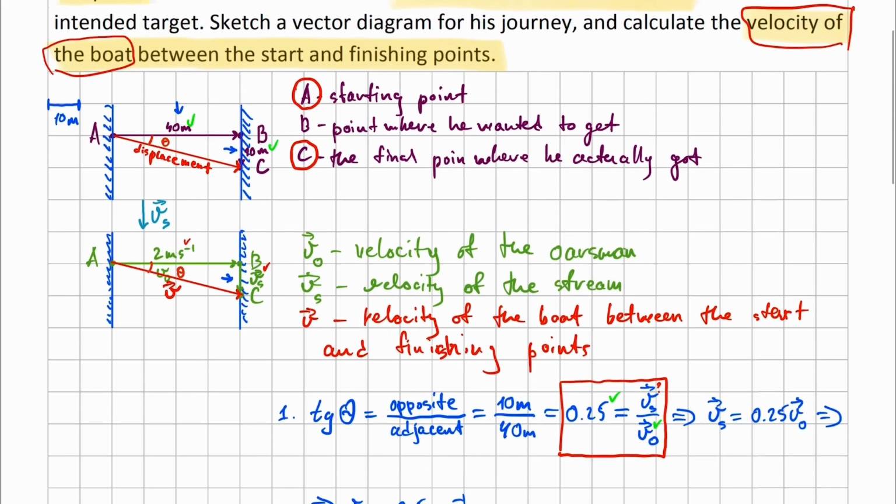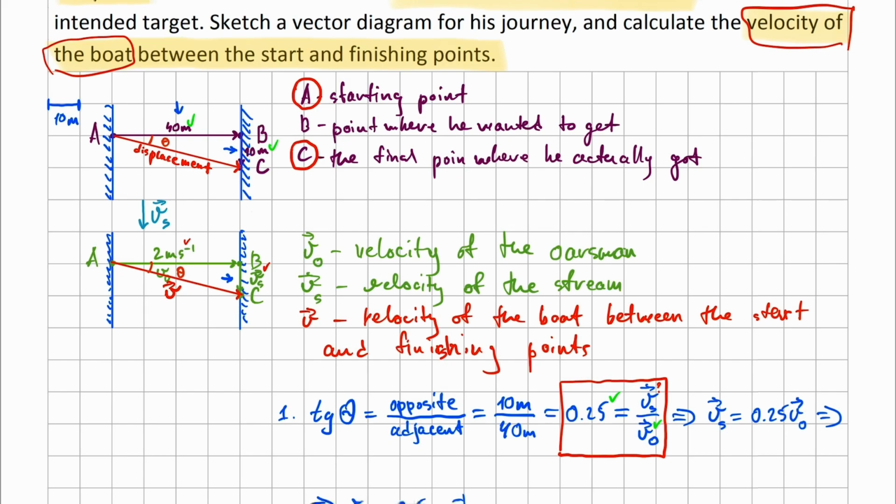Now, some of the students that have tried to solve this problem and that have inspired me to make this video were working with the conception that from diagram 1 with the displacement vector, they can actually try to find the time.